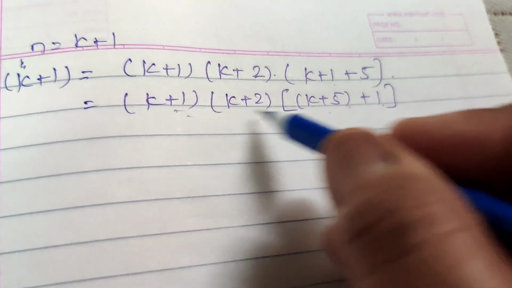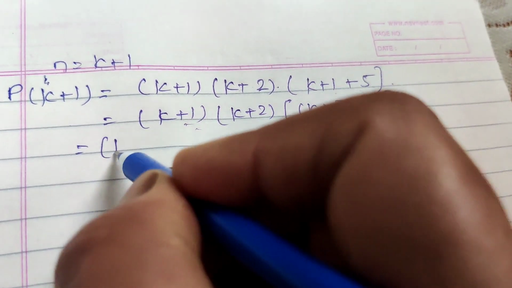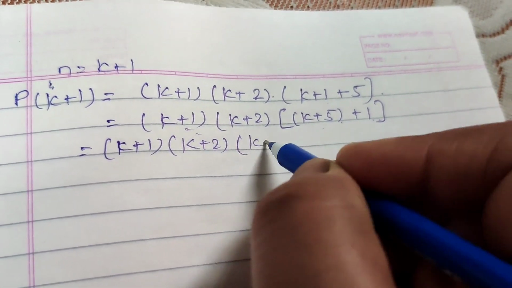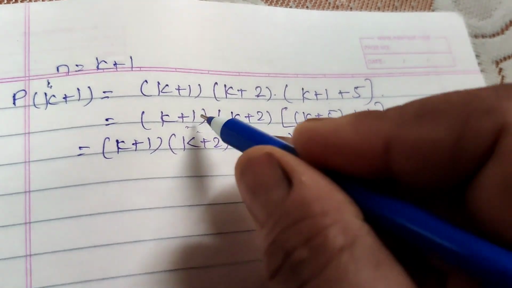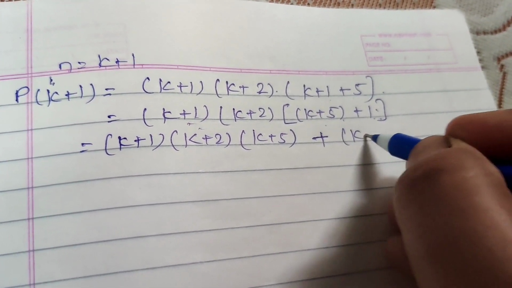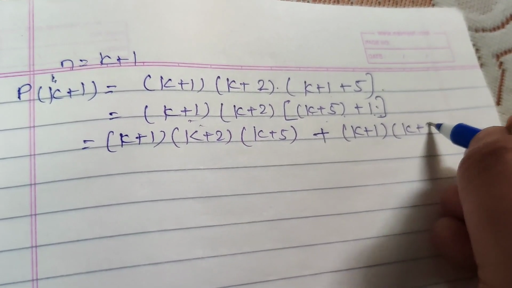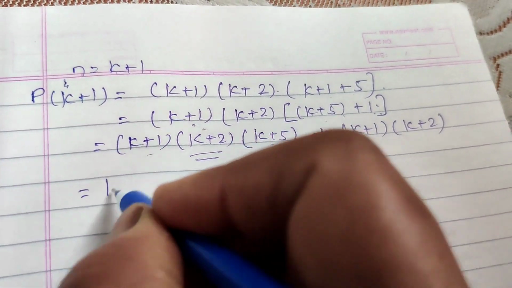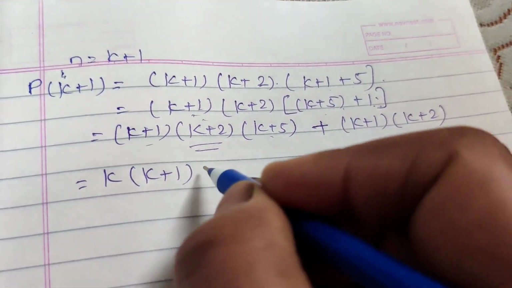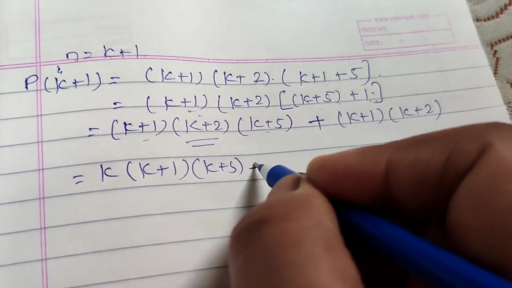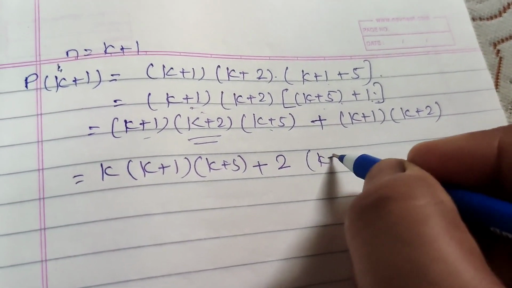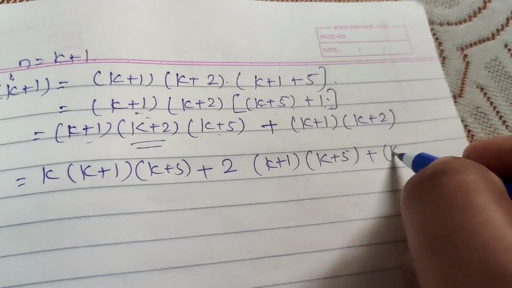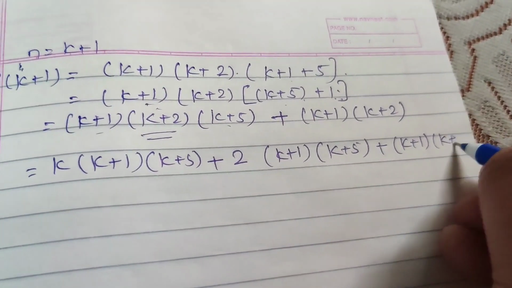Now multiplying these terms, so we get (k plus 1)(k plus 2)(k plus 5) plus (k plus 1)(k plus 2). Now k plus 2 multiplied by k plus 1 and k plus 5, and the next term is (k plus 1)(k plus 2).